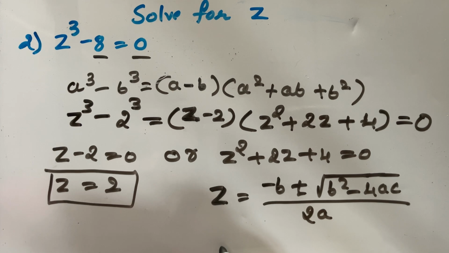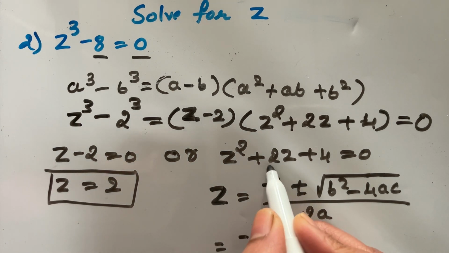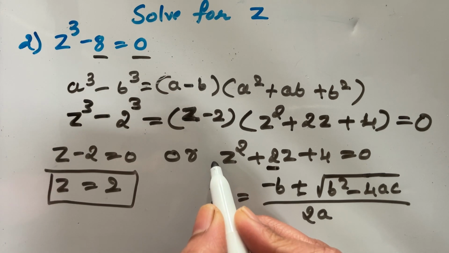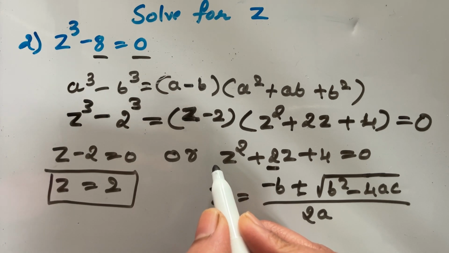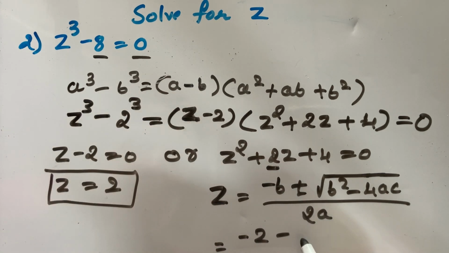So z is equal to minus b, minus 2, b is 2, a is again 1, the coefficient of z square, c is 4.